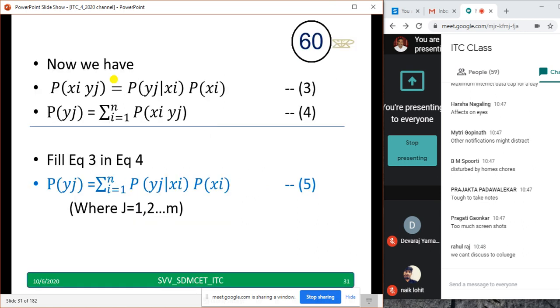We have equation number 3 in your notebook, and you already have equation number 4. What I am doing is substituting equation number 3 in equation number 4. I am rewriting and giving it equation number 5, where j equals 1, 2, 3 up to m, and i equals 1 to n. This equation we use in our discussions.